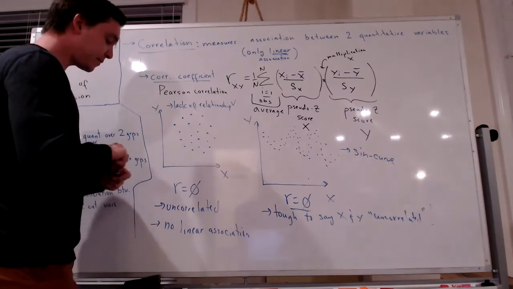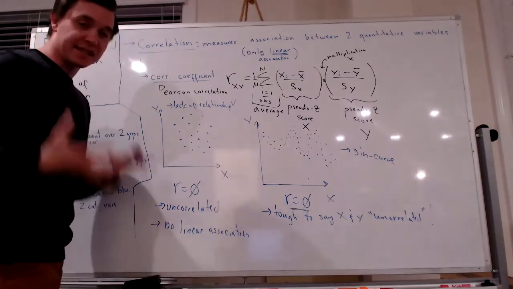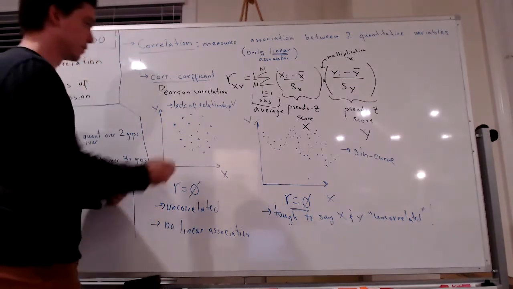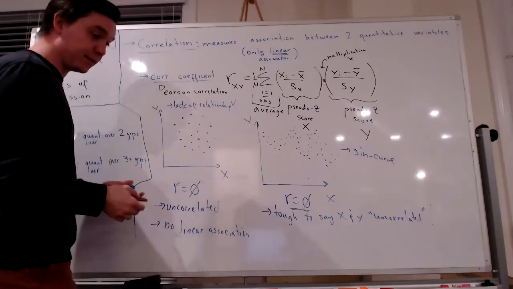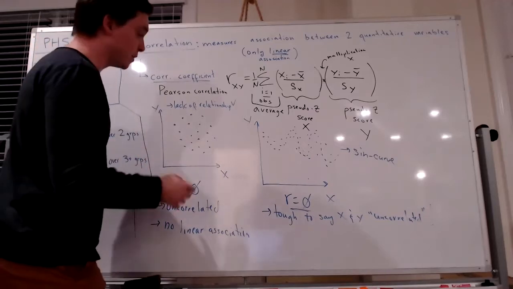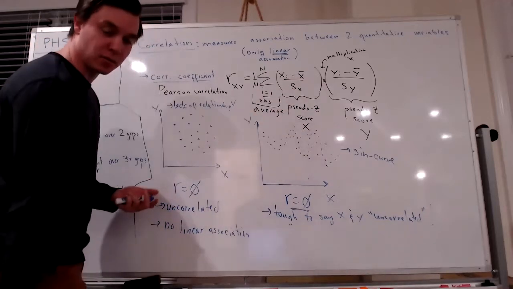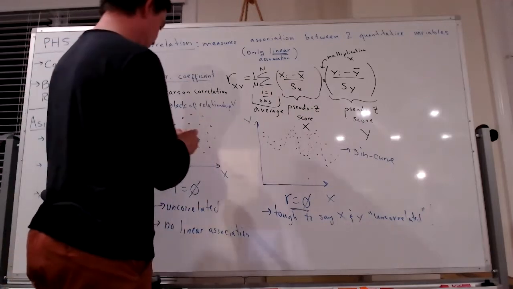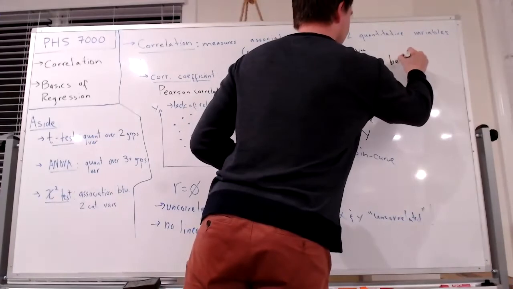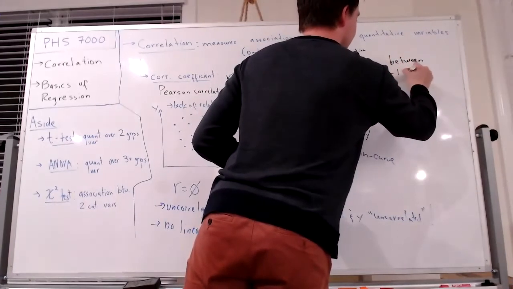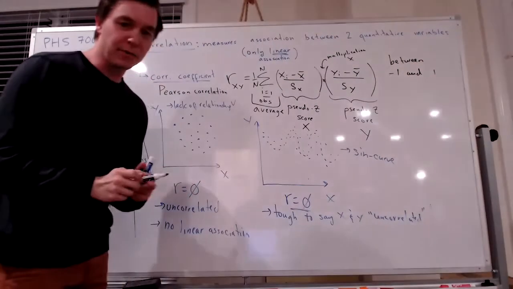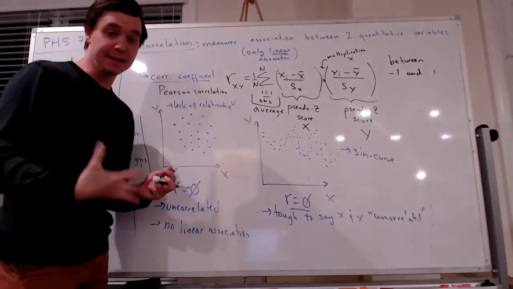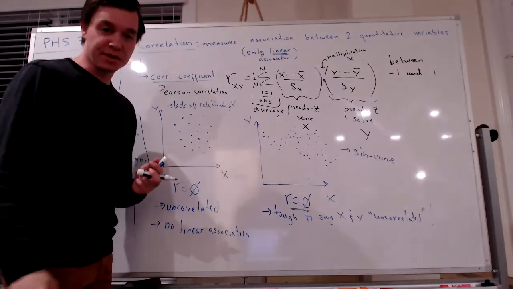So, like a lot of statistical descriptive terms, the correlation will tell you something. It will tell you whether your two variables are linearly related, and because it is defined between -1 and 1, if we start to approach -1 or 1, it will tell you how strongly linearly related your two variables are.